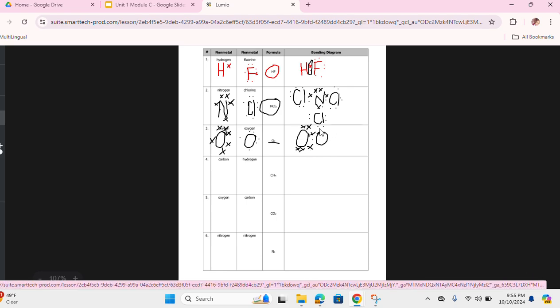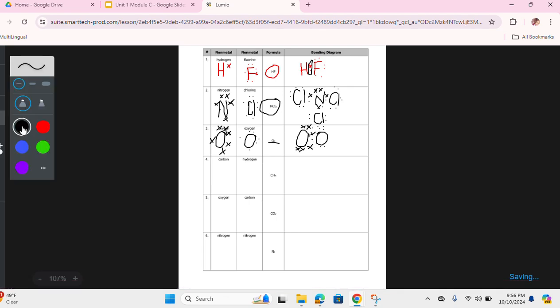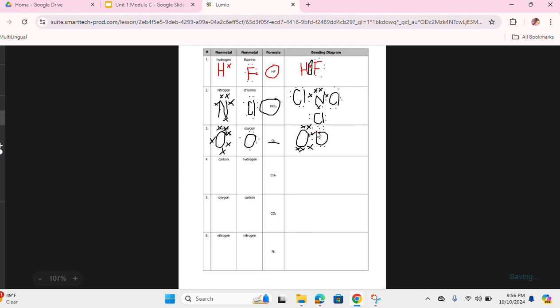Then this oxygen will have its 2 dots at the top, 2 dots at the bottom, and then 2 dots in the middle. So here and here. So this oxygen is forming its double bonds here in the middle, sharing 2 sets of electrons. Here, this is a single bond.